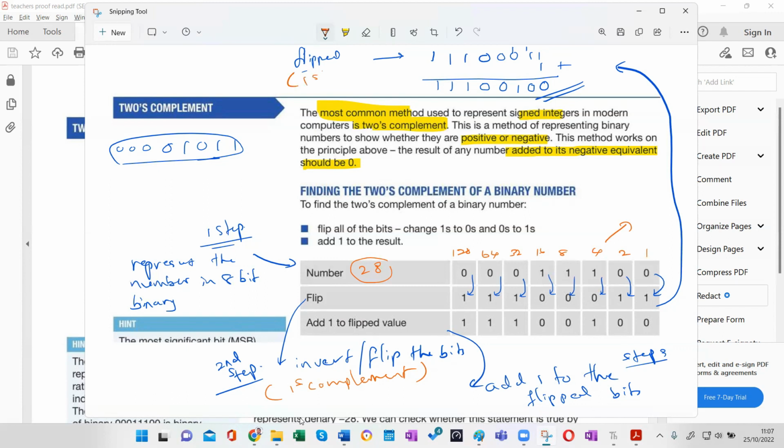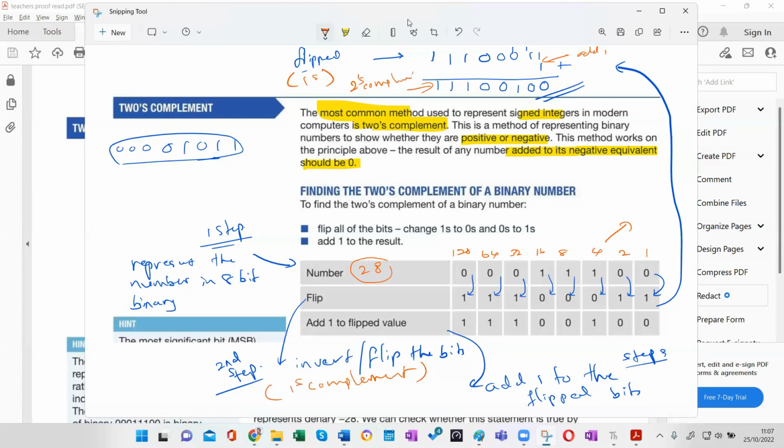This is 1's complement. You add 1 to that. And the result is 2's complement. Get it? Result is 2's complement.